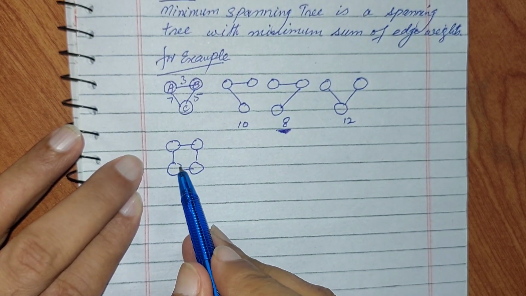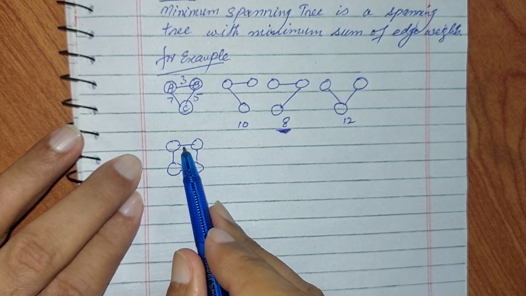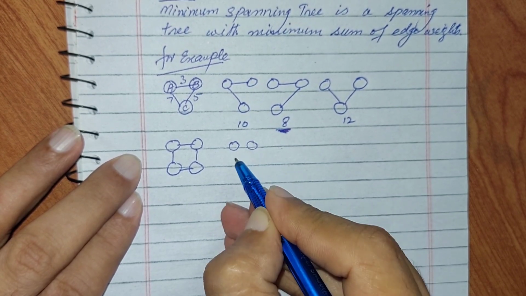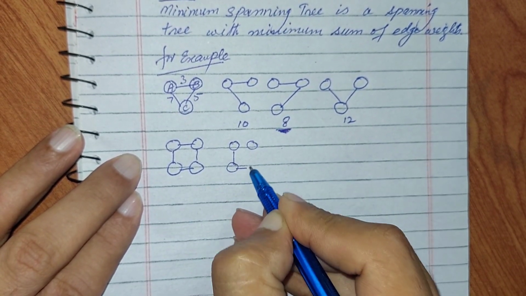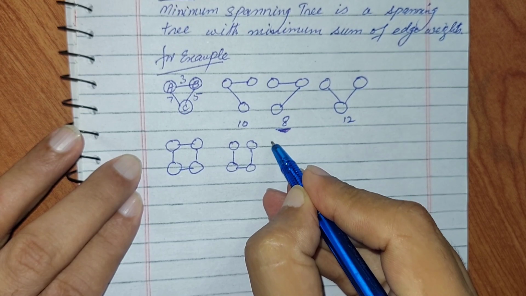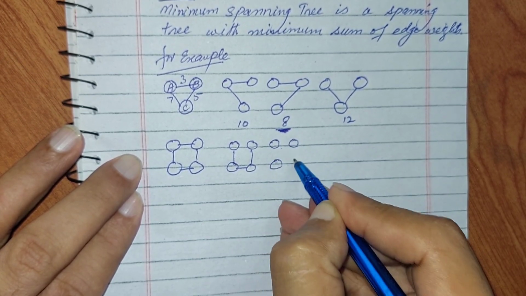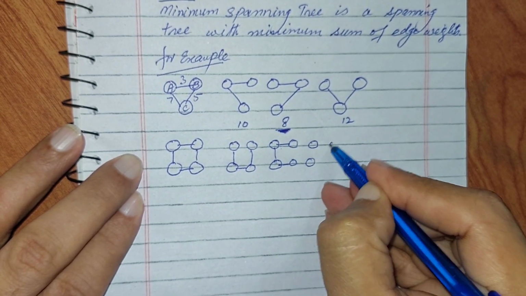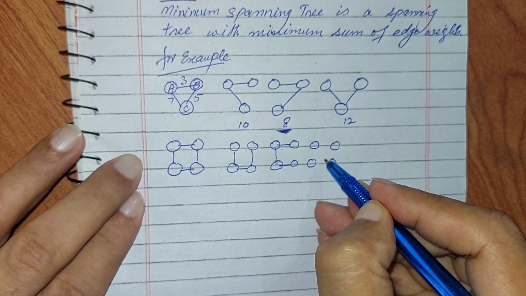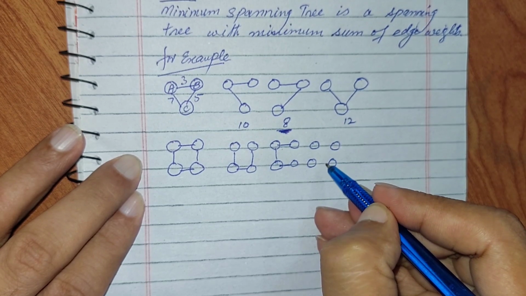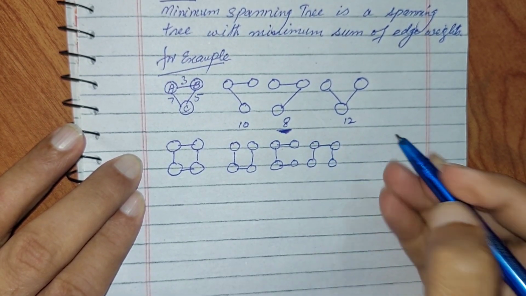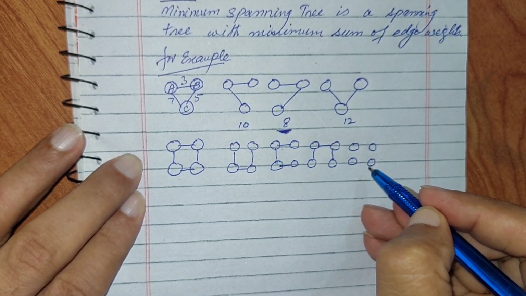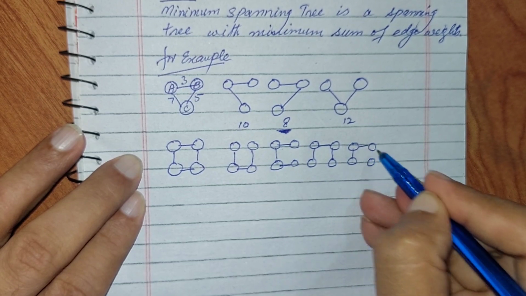Let's say we have another graph with 4 vertices and 4 edges. So we can have different spanning trees from this graph, just like this one, this one, this one, and this one.